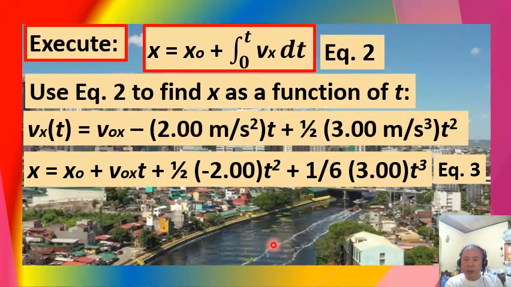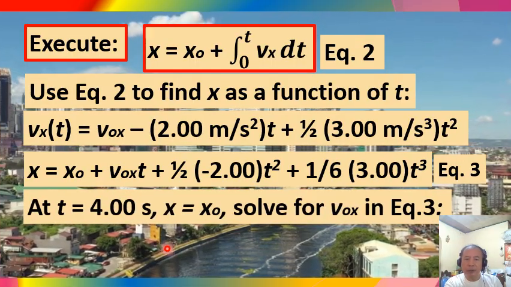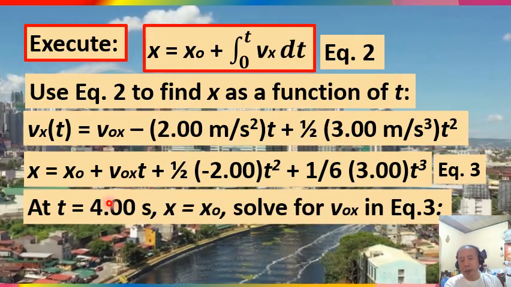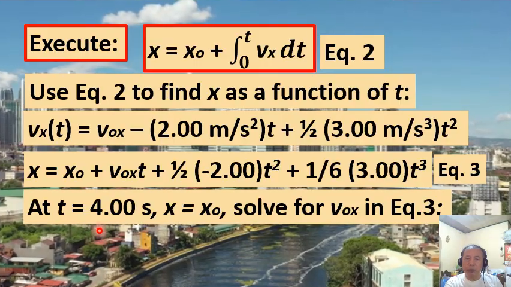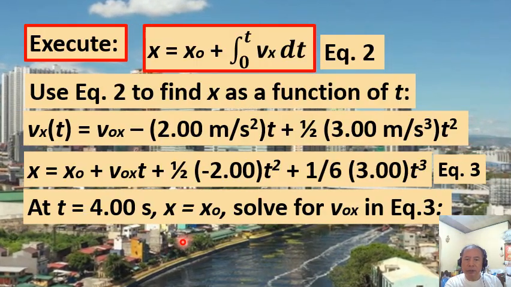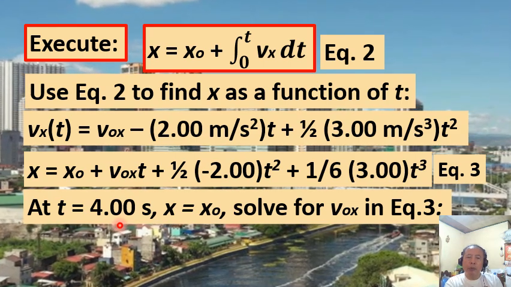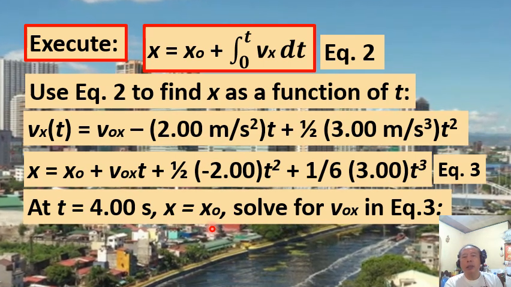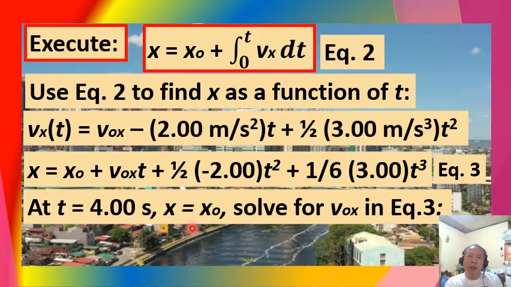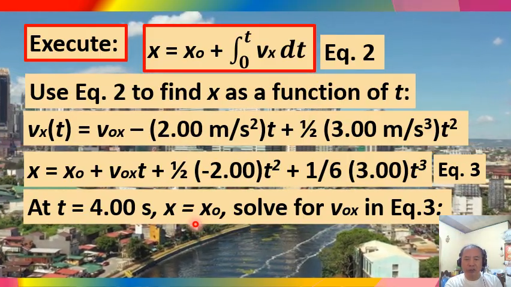So, we can simplify this equation 3 by letting the time t equal 4.00 seconds. At time equals 4.00 seconds, it was mentioned that the position x is just equal to the initial position x_0.